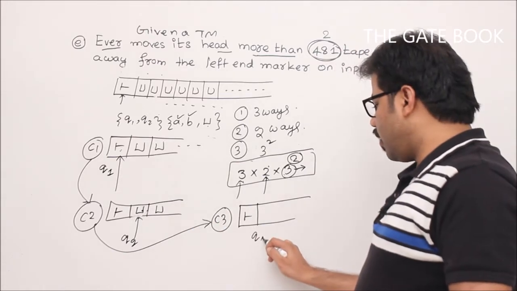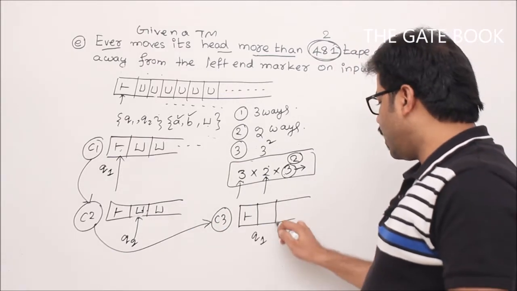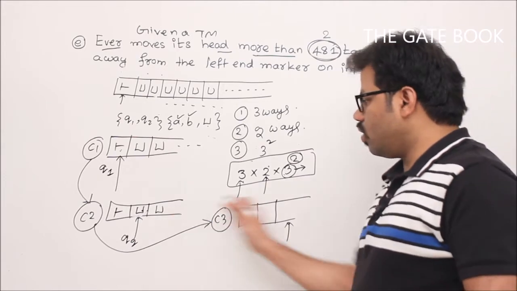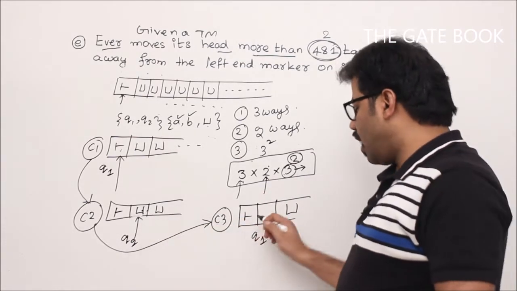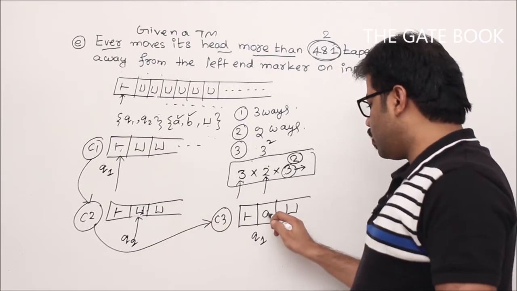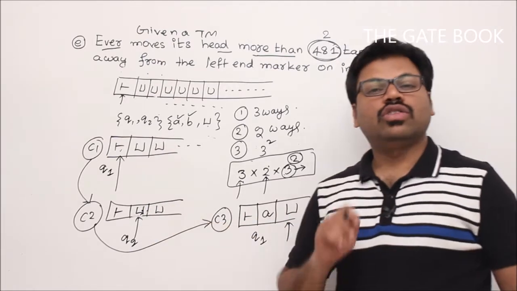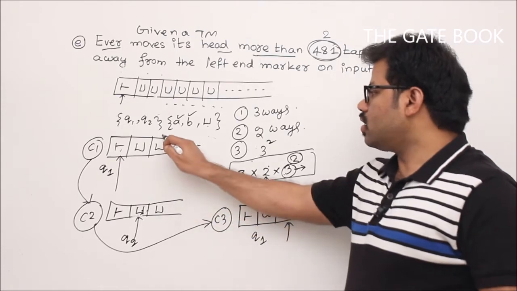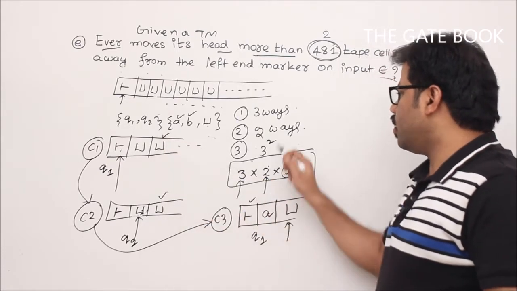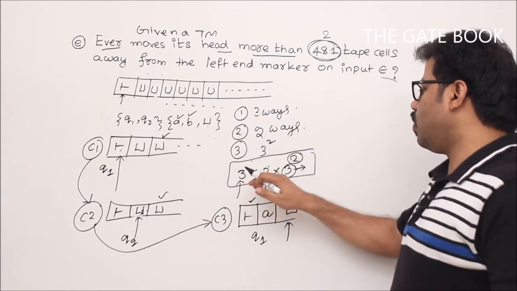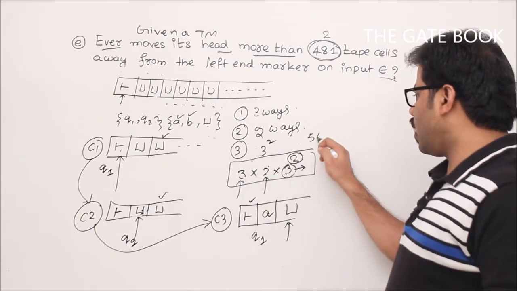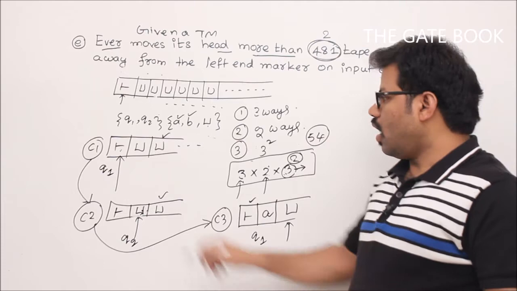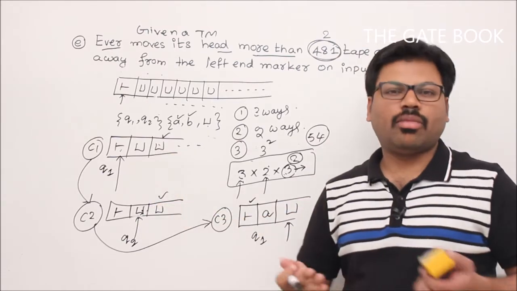If I change the state, I will go to Q1, and if I move to the right side, I will come here, and I want to change this symbol to A. Yes, you get this configuration. So what I want to say is, all these configurations are already counted. They are part of this number 3 into 2 into 3 square. So 9 into 2 is 18, into 3 is 54. There are 54 configurations. All these configurations are some of them.